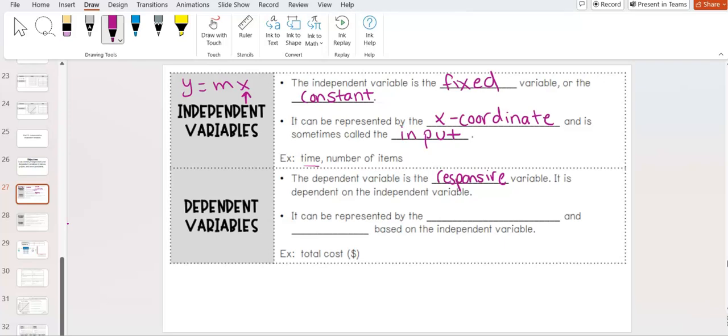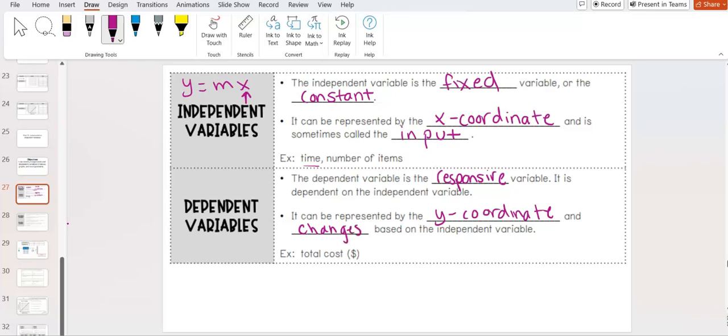So in the example with Sally, if Sally bought 4, then the dependent variable might be the cost. Your cost will depend on how many Sally bought. So it depends on that 4. It can be represented by the y coordinate, and it changes based on the independent variable.